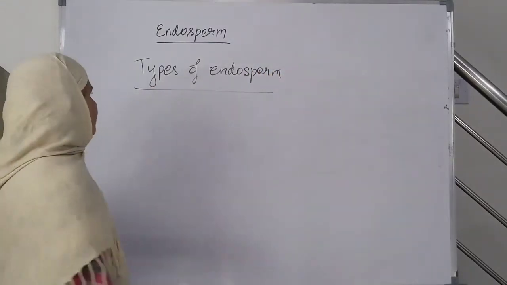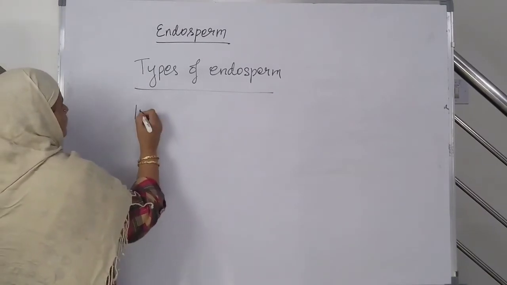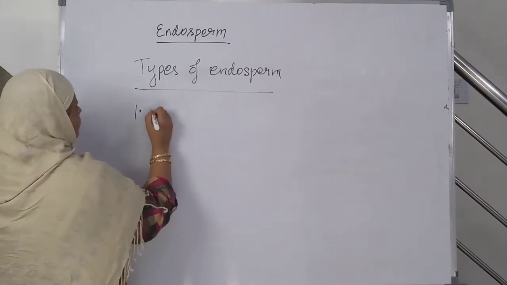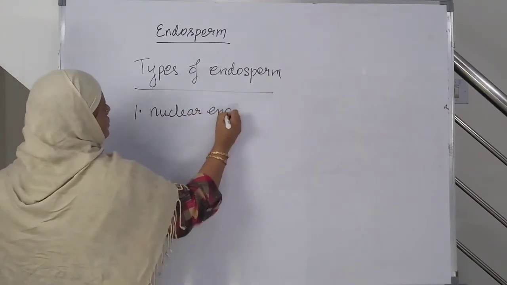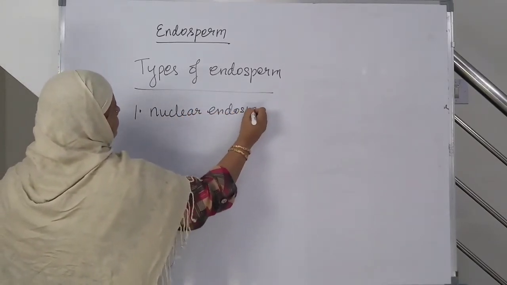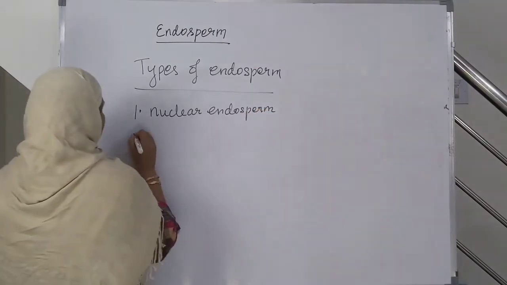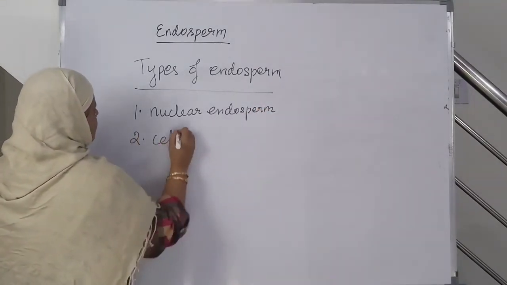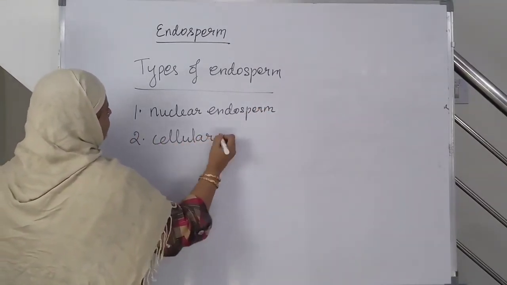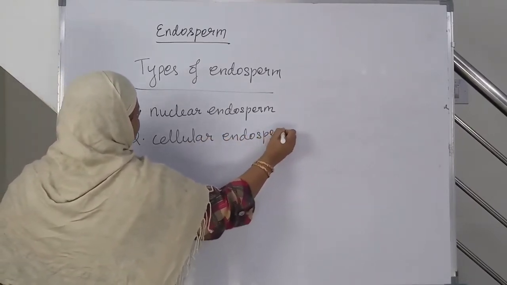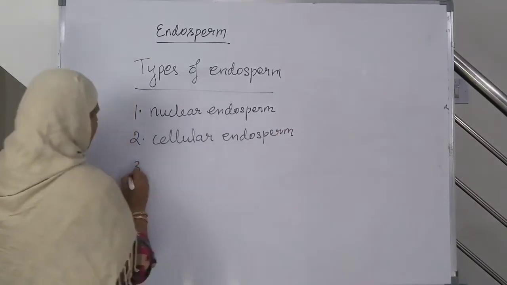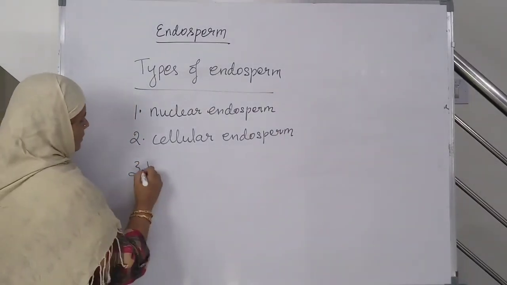One is nuclear endosperm, cellular endosperm, and a helobial endosperm.